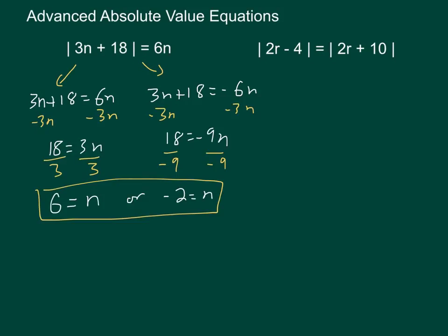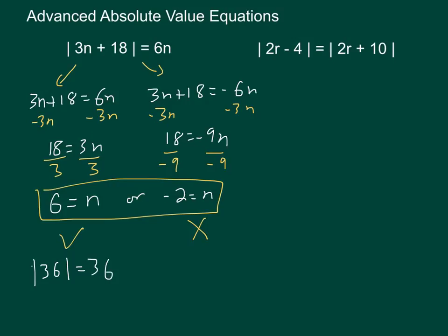Alright, so when we solve these, we get 6 equals n or -2 equals n. Go ahead and plug in, see what happens when you do a check though. What you may notice here is that the 6 equals n works because you end up getting the absolute value of 36 equals 36. That's not a problem.